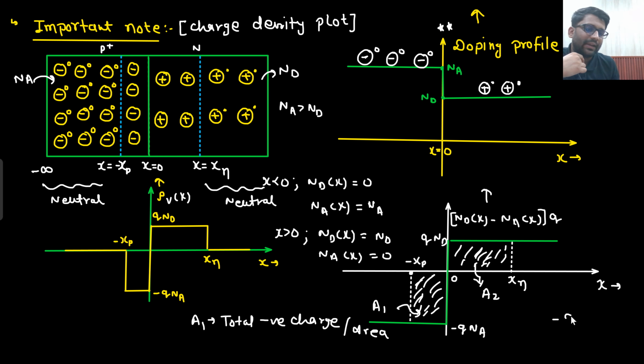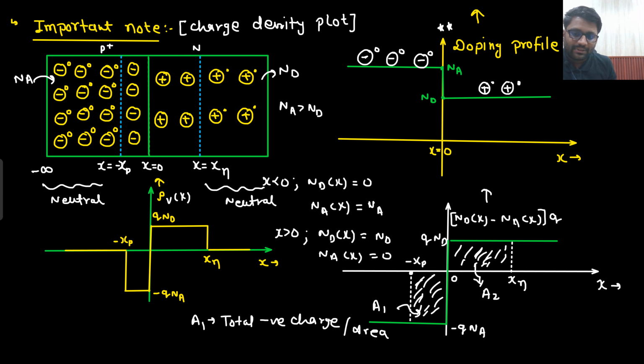Say yes or no? Because minus QNa xp would be the total negative area here. Na is per centimeter cube, this is your charge in coulomb and this is in centimeter. That means you are getting charge per centimeter square. In one unit area, how much total negative charge are you having?